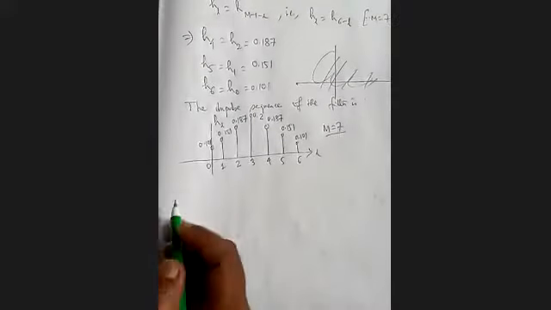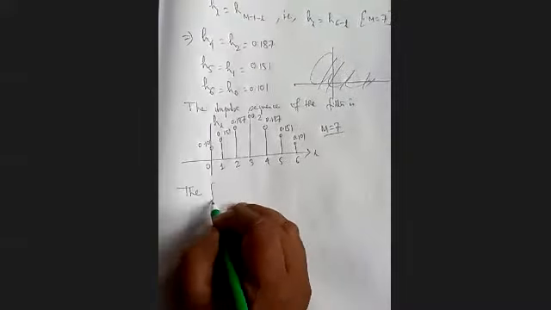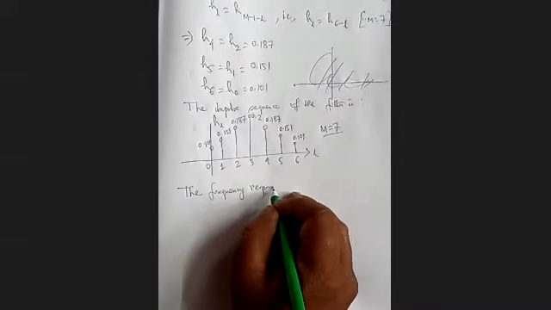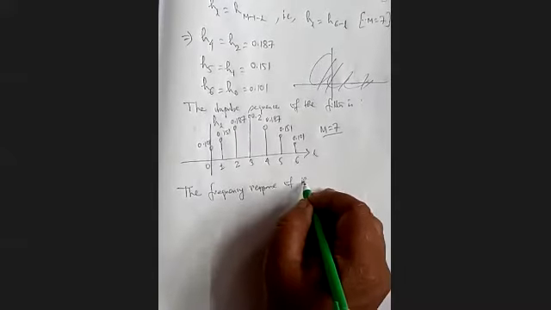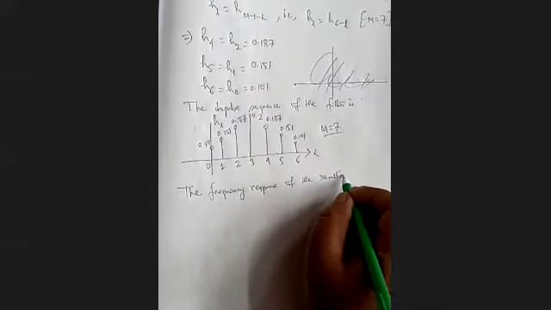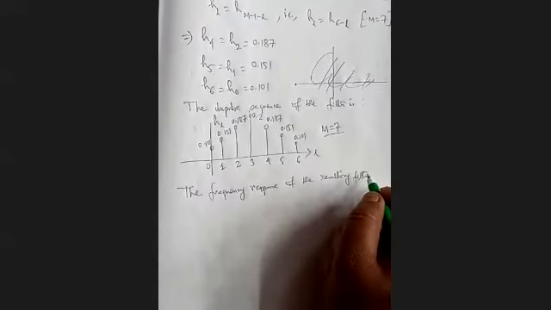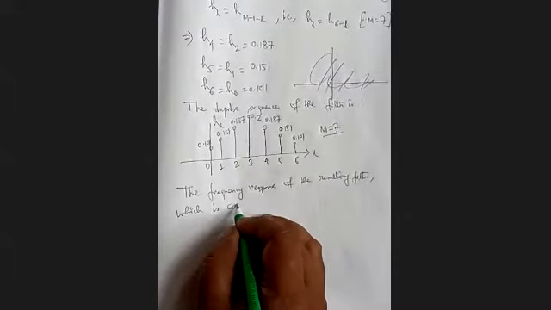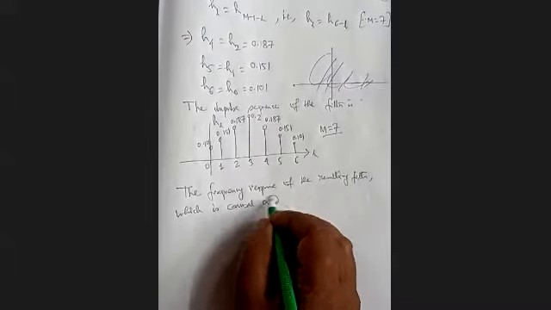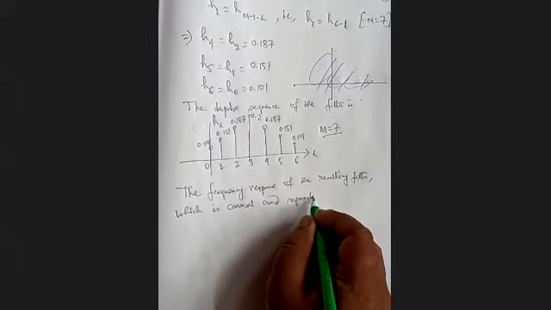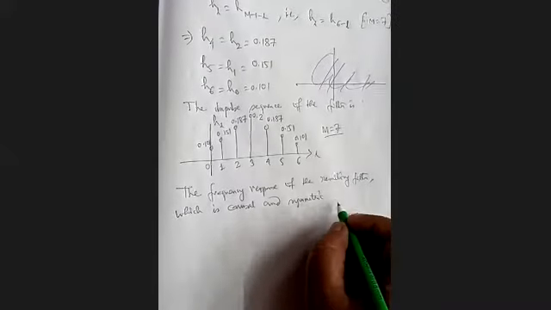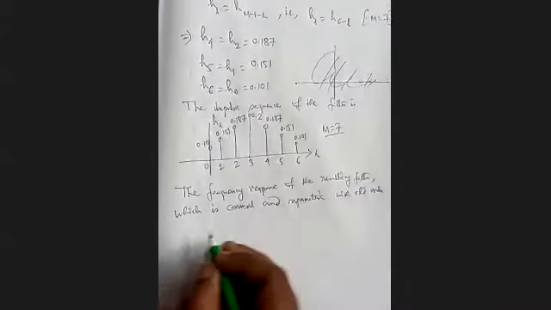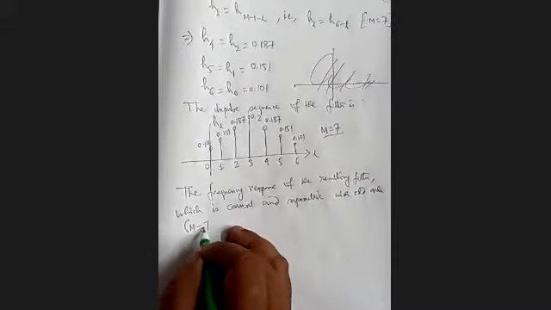Next is, what is the frequency response of the resulting filter, which is causal and symmetric, with odd order, that is M equal to 7?